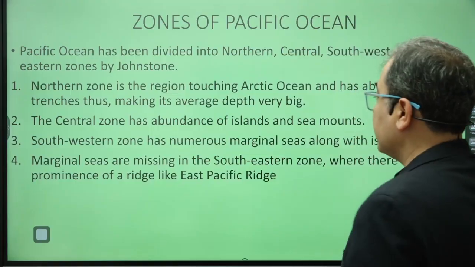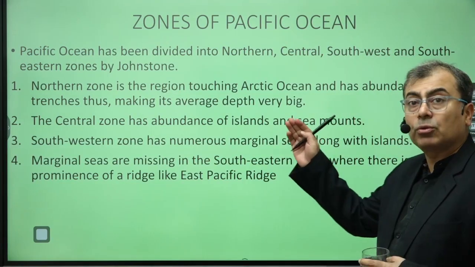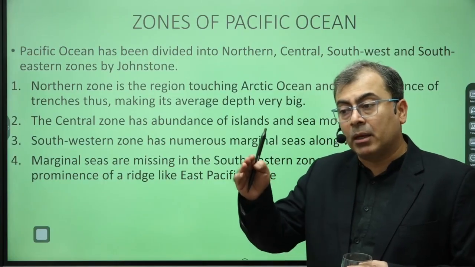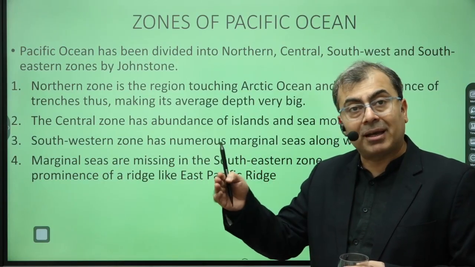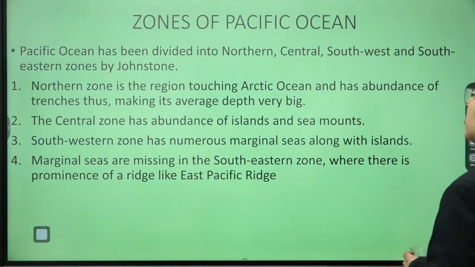And then what is there? Southwestern zone are numerous marginal seas. Southwestern zone, remember all those Sulu Sea, Banda Sea, Philippine Sea, Yellow Sea, Japan Sea, that is your southwestern. And then marginal seas are missing in the southeastern zone, where there is a prominence of ridge.